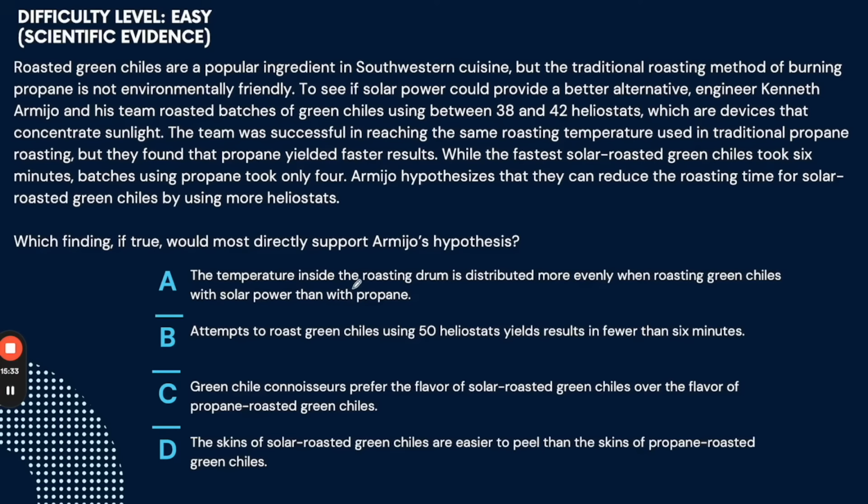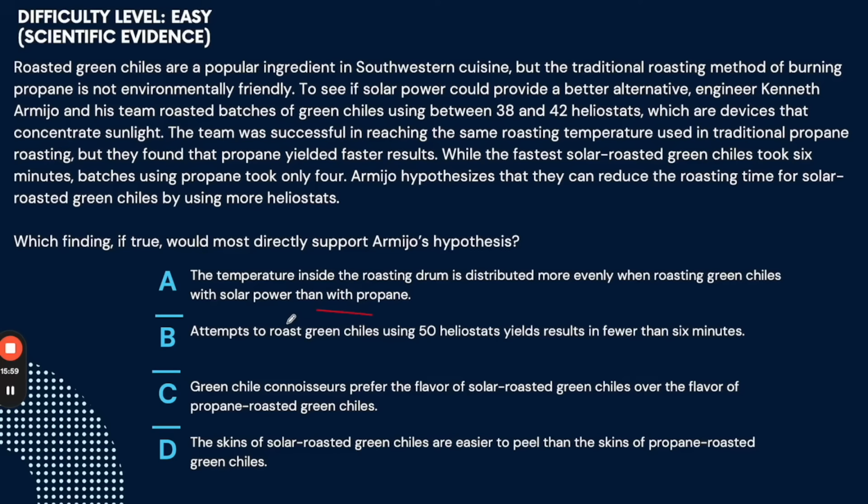Option A. The temperature inside the roasting drum is distributed more evenly when roasting green chiles with solar power than with propane. Now, this particular option is simply comparing the temperature distribution in solar power and with propane, right? It's simply comparing how temperature was distributed evenly.